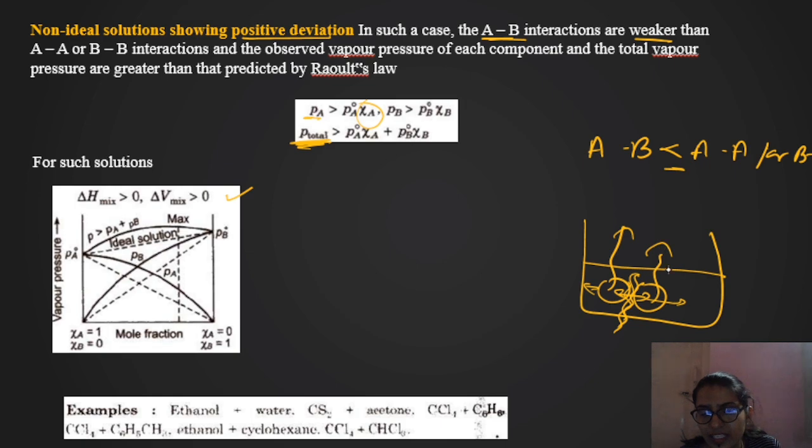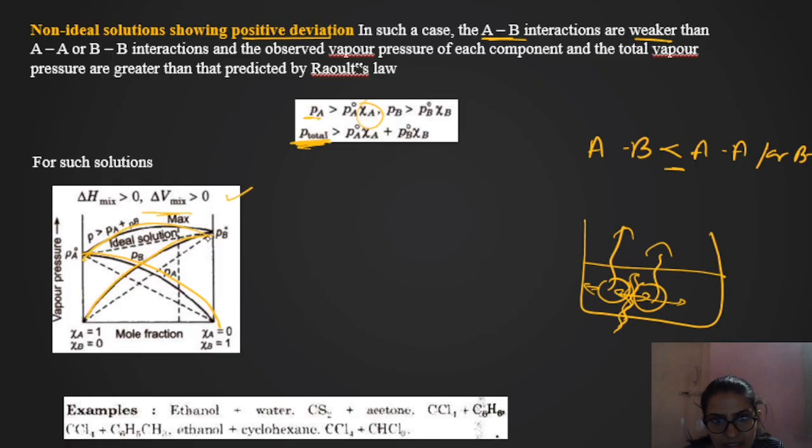If they are converting into vapor form easily, then volume change is greater than 0 and enthalpy change is also greater than 0. The graph is also going to change. As the vapor pressure is increased, the curvature is upward.